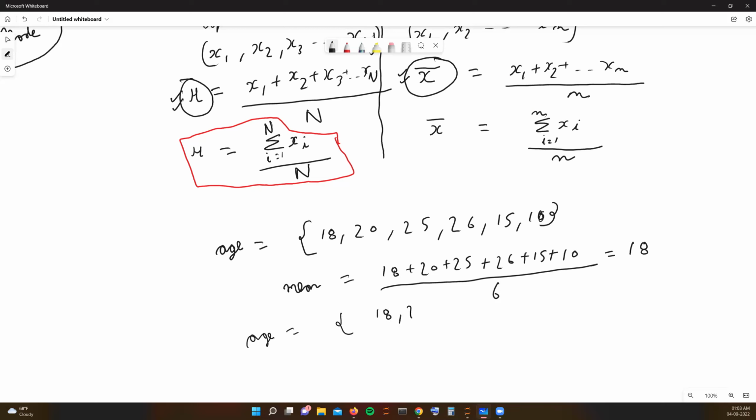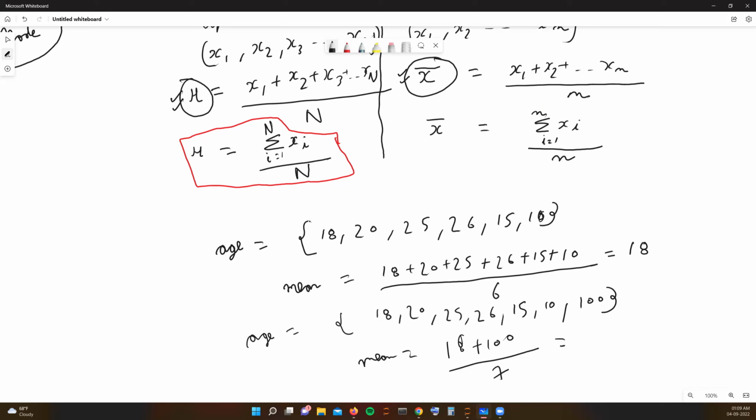So for example, let us take these same values 25, 26, 15, 10, and let's add an outlier of 100, a 100-year-old man's age is also added. Now, the mean of the above data is 18, so I will take 18 for the first six numbers plus 100, divided by 7.